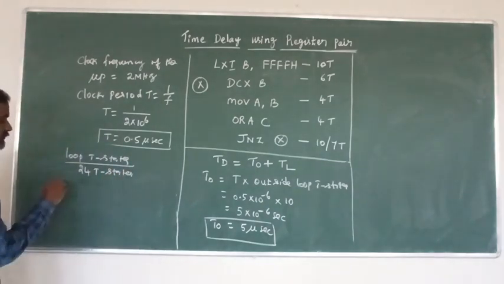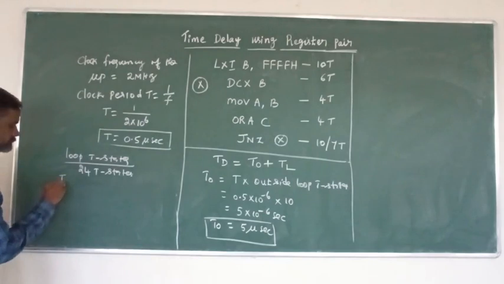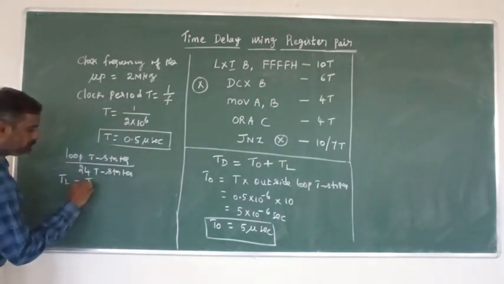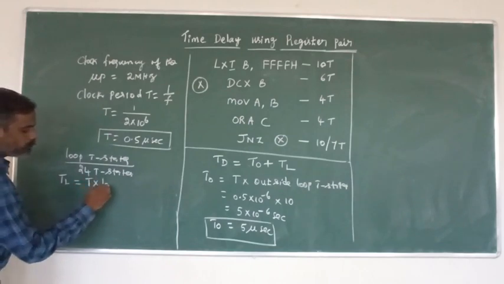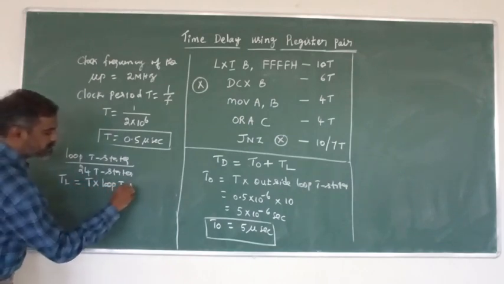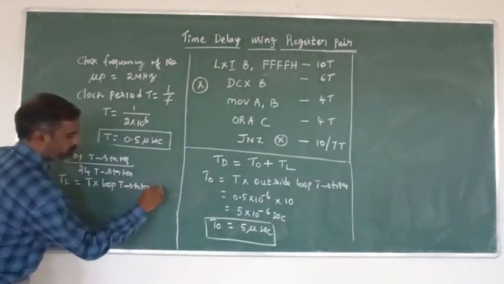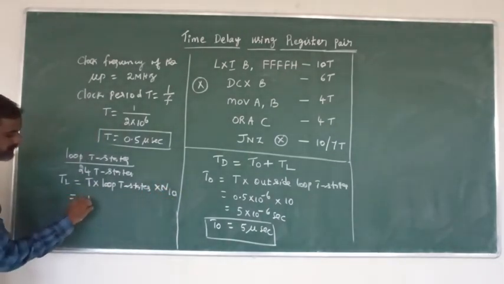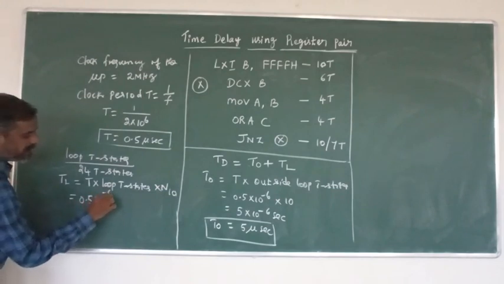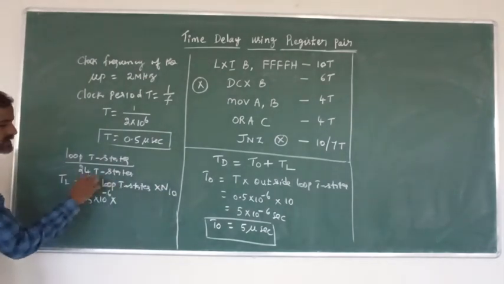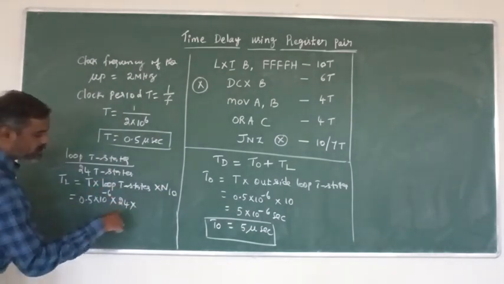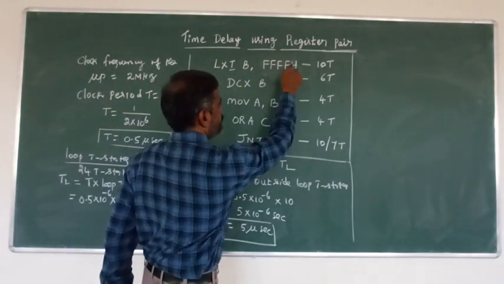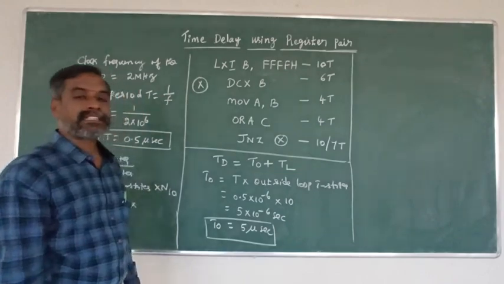Now to calculate, the formula Tn equals time period into loop T states into n base 10. Here the time period is 0.5 into 10 to the power of minus 6, loop T states 24, into n base 10, FFFFH in hexadecimal.